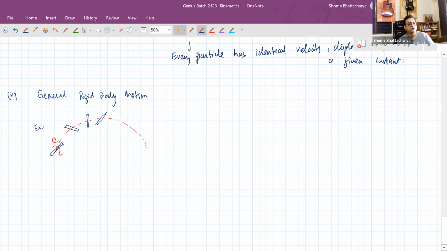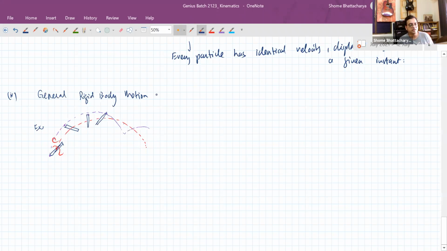Now we can see that, for example, the path of this point over here is more complex. It will go like this. So it will have sort of this type of motion, or it can even be more complex than this.